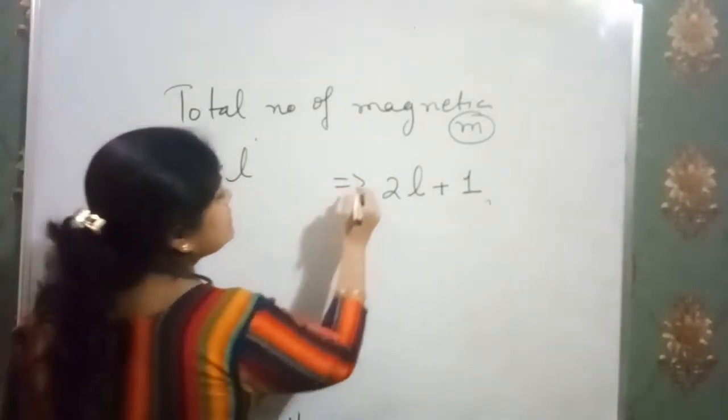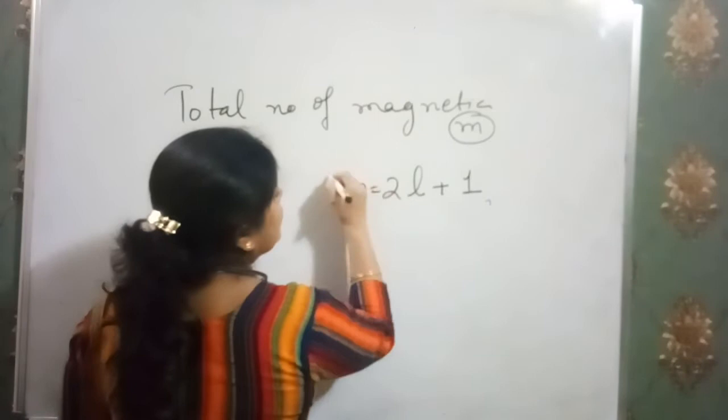Clear? That means m is equal to 2l plus 1.